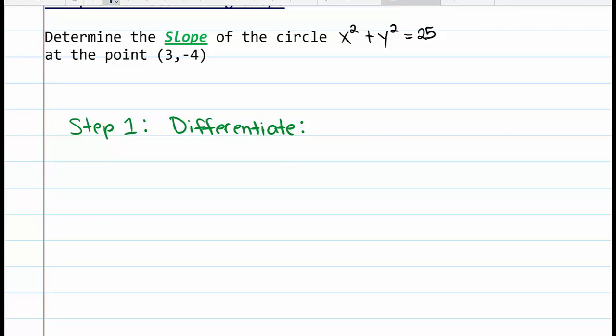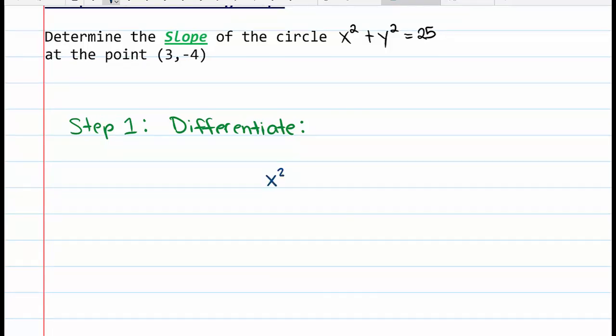You could do it with respect to y, but then you're finding x prime, which doesn't work for slope, because remember, slope is given as m, which is y prime. Okay, later we will talk about how to differentiate and when we should differentiate with respect to x. But for now, respect to x, my bad, respect to x.